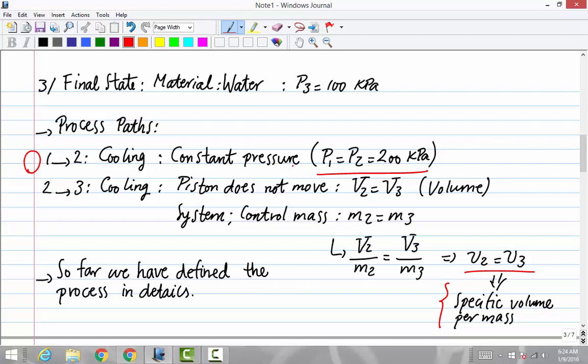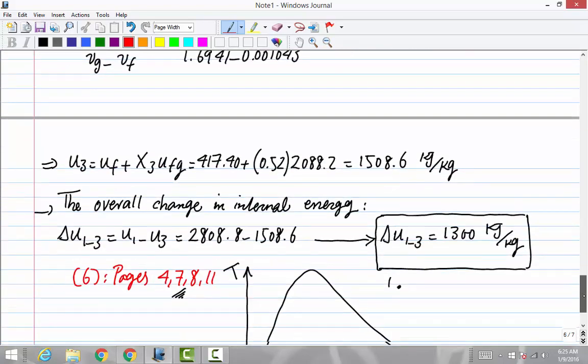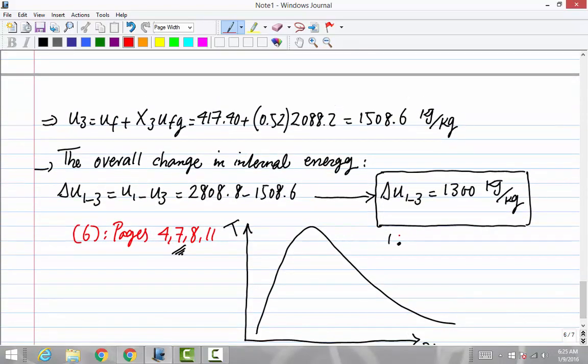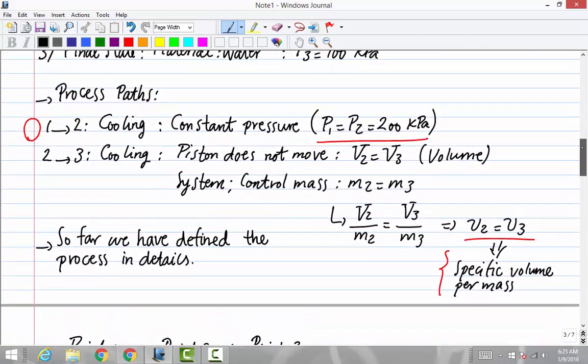And according to the graph on page 7 of the notes, a constant pressure line looks like this. And then this is the phase change. At the phase change, temperature and pressure don't change, and then it continues going down. I have summarized it here.